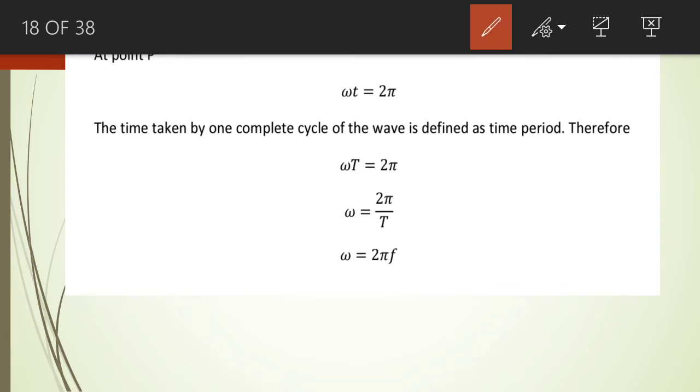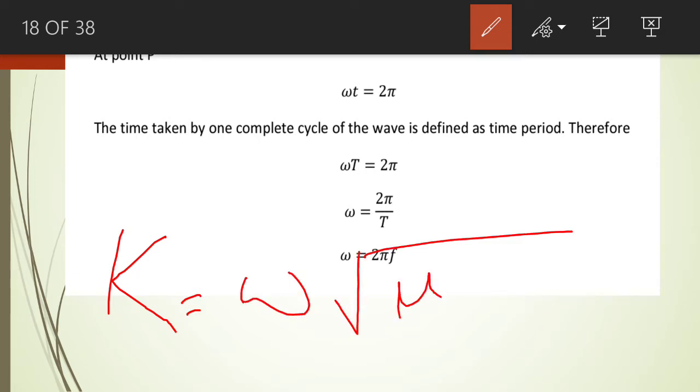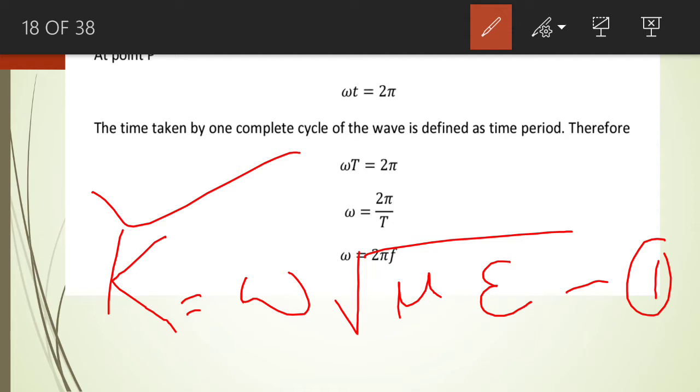Let me write down equation number 1 once again. k is equal to omega under root mu epsilon. Okay, so we can calculate the propagation constant with the help of equation number 1, but we are going to derive another equation for k in this class as well.